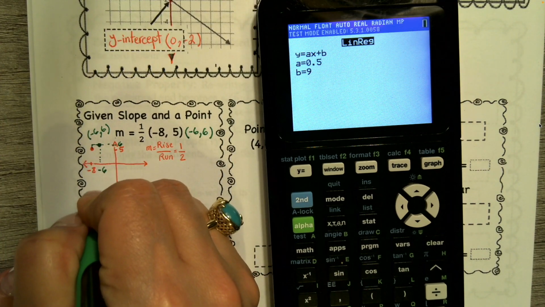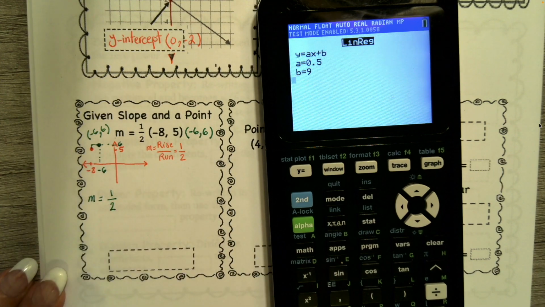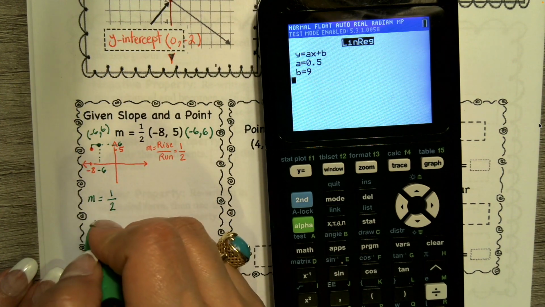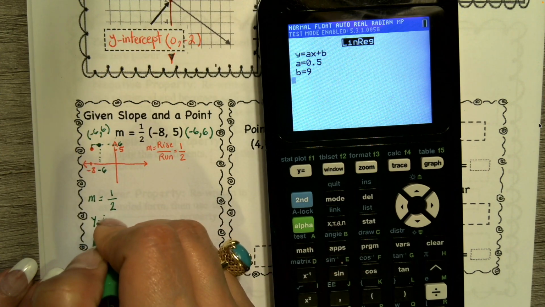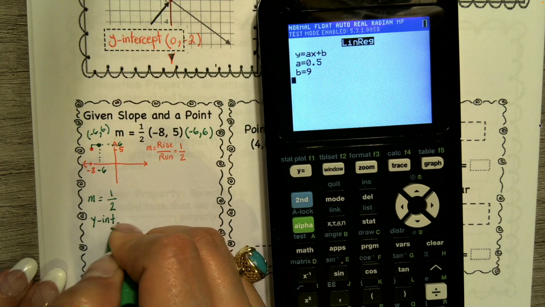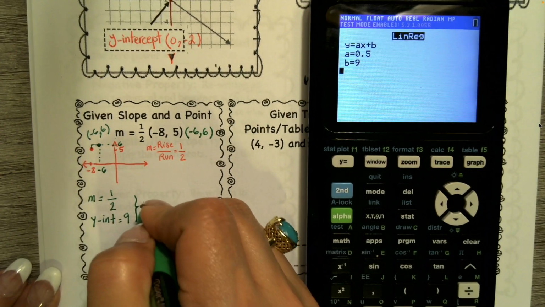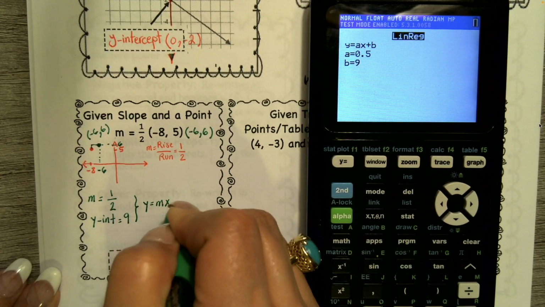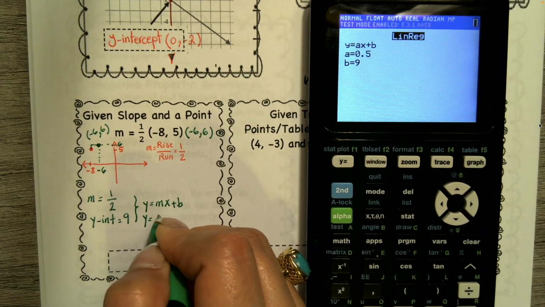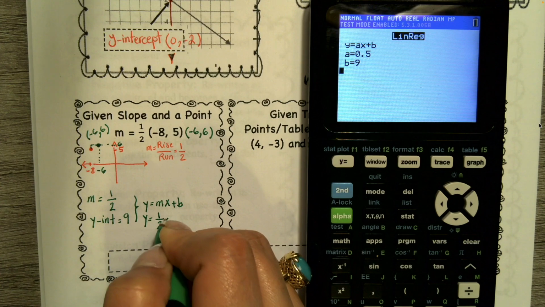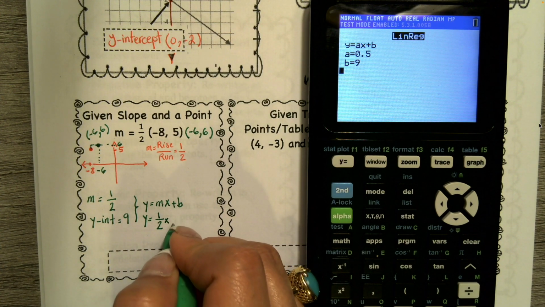My m is 1/2 and my y-intercept is 9. Therefore, if I have y equals mx plus b, I can rewrite this as y equals half of x plus 9.